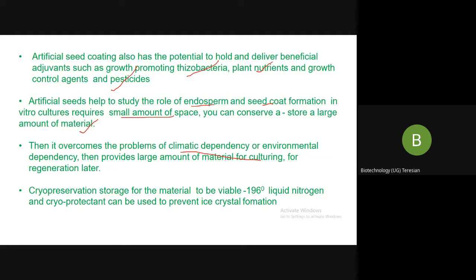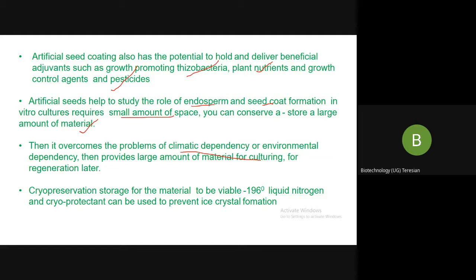Okay. So generally for germplasm conservation, you provide suitable conditions in the gene bank to preserve this material. So what you do, you preserve them either in the form of seeds or synthetic seeds or different forms of in vitro cultures, like shoot or meristem.